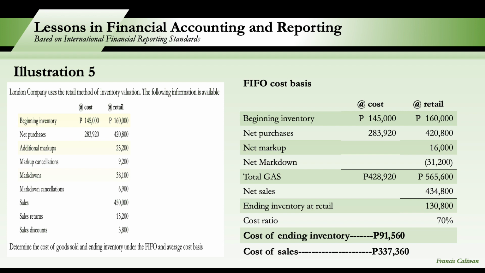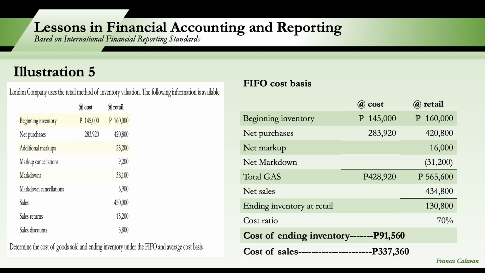Our net sales is sales of 450,000 less sales returns of 15,200 and disregard the sales discounts of 3,800. Similar with the gross profit method, we only consider the sales returns in determining the net sales simply because sales discounts and allowances do not involve physical flow of goods back to the company. No?